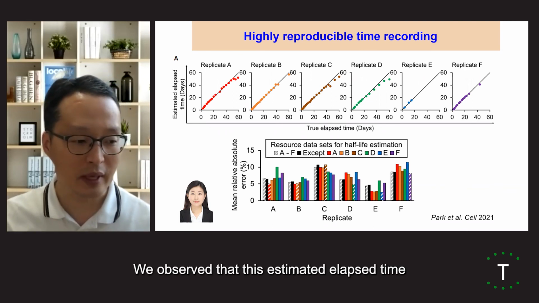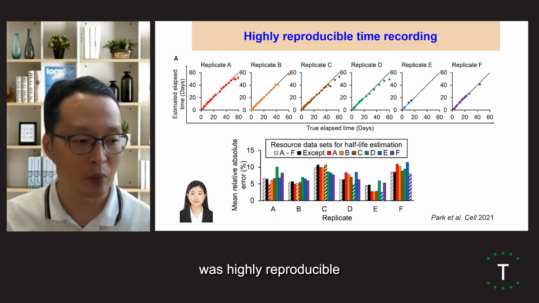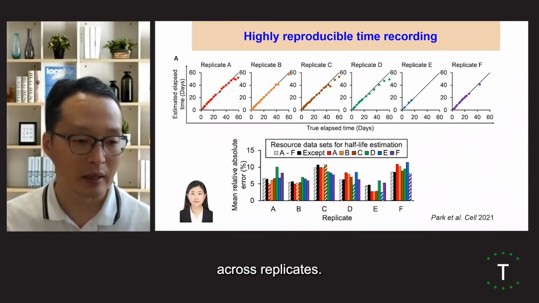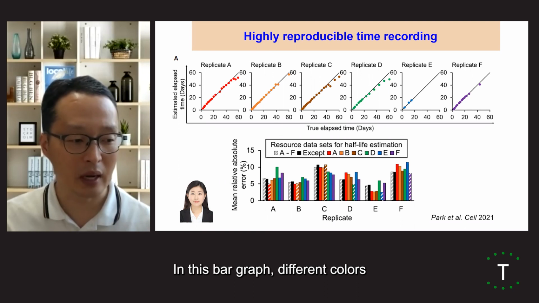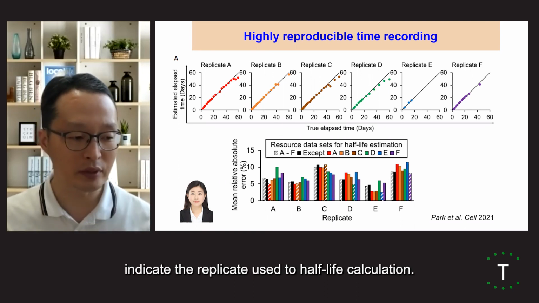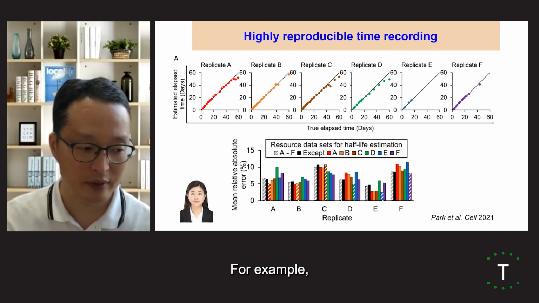We observed that this estimation of elapsed time was highly reproducible across replicates. In this bottom graph, different colors indicate the replicate used for the half-life calculation.